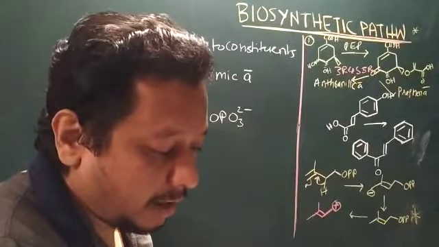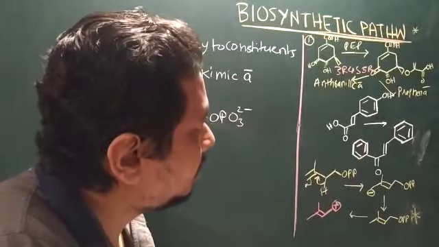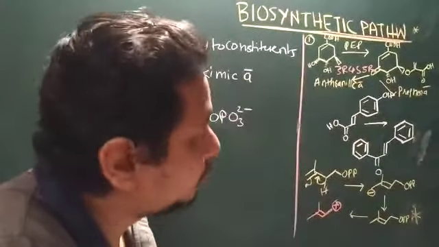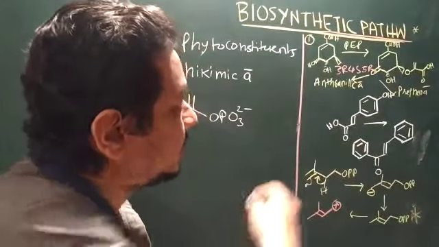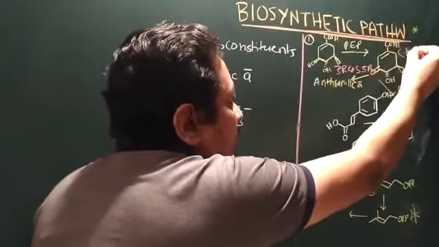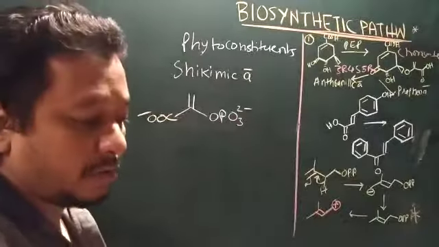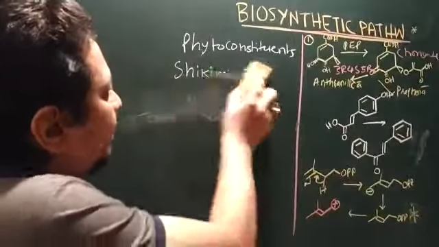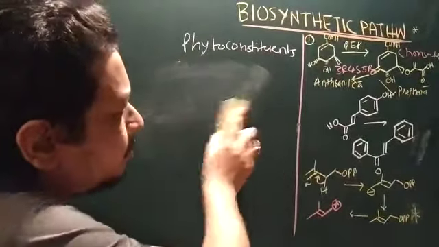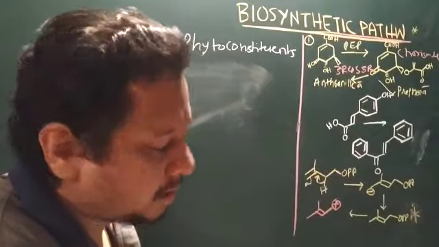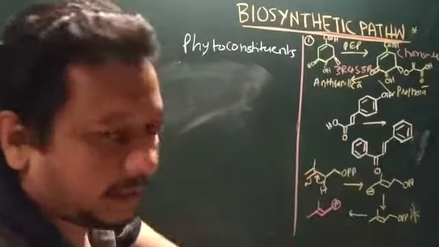Now after that, one more molecule of phosphoenol pyruvate gets condensed to form chorismate. This is a very important one, chorismic acid or chorismate, okay? Why is it a very vital intermediate? Because from there you can get two vital intermediates, that is prephenic acid and anthranilic acid, okay?